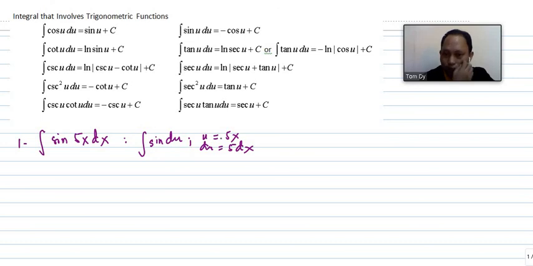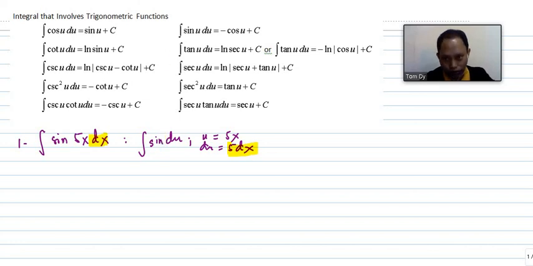So in this case, du equals 5 dx. If you have observed, this one is 5 dx, and this one is dx. So the only difference is the presence of the number 5.